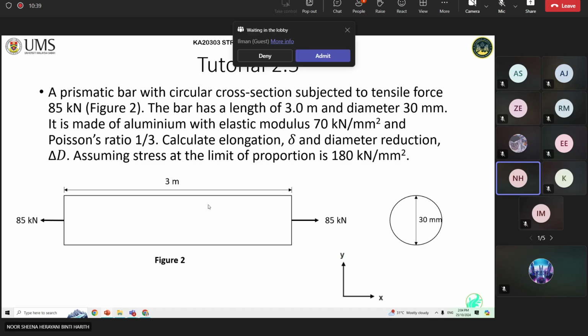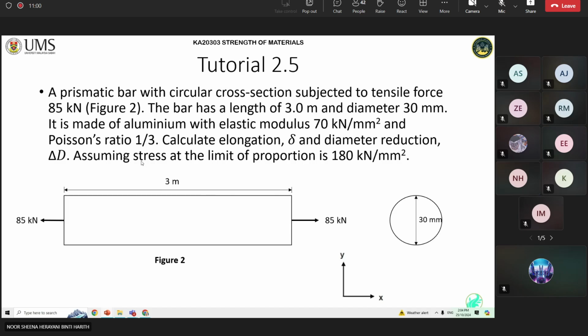This prismatic bar is stretched with an 85 kilonewton load. The bar has a length of 3 meters and a diameter of 30 mm, made of aluminium with an elastic modulus of 70 kilonewton per millimeter square, and Poisson's ratio is 1/3.